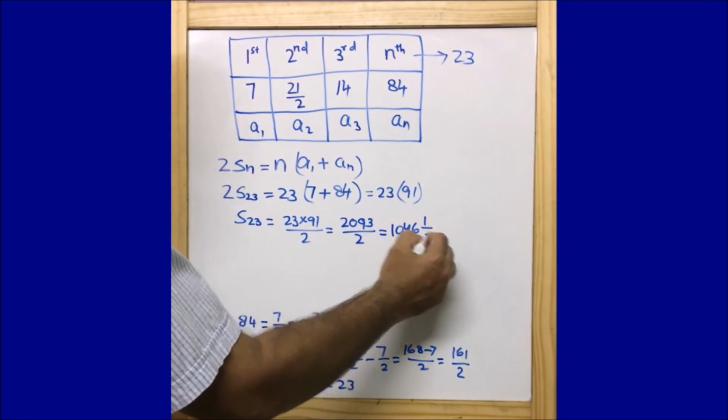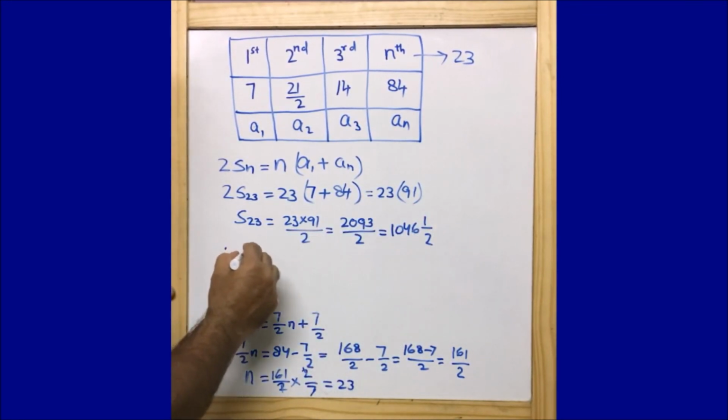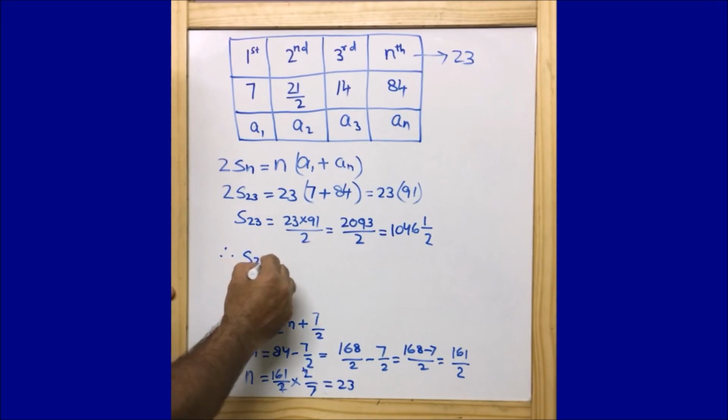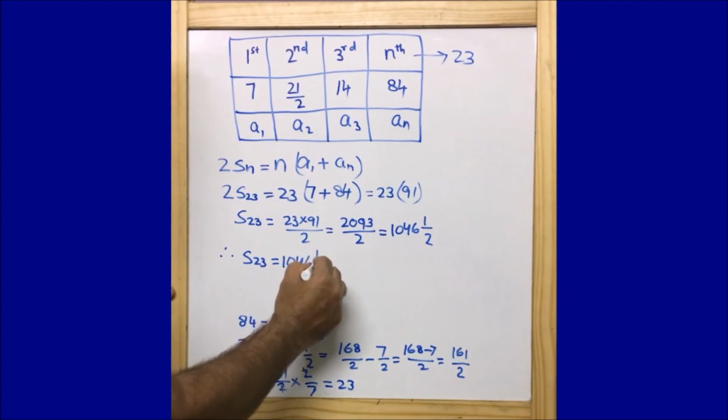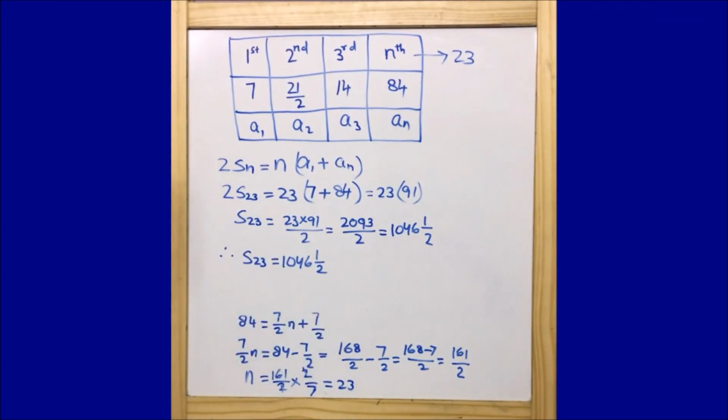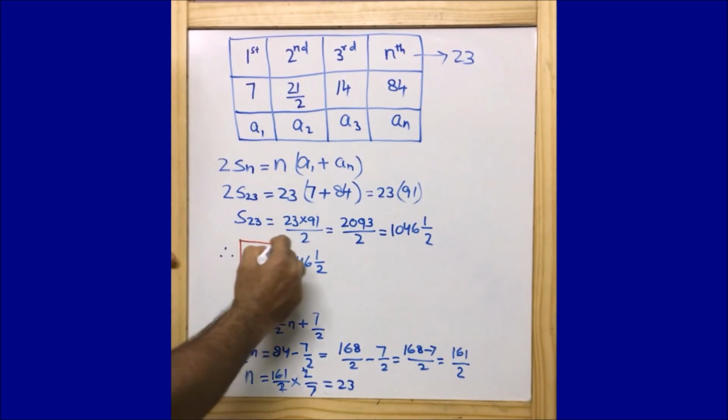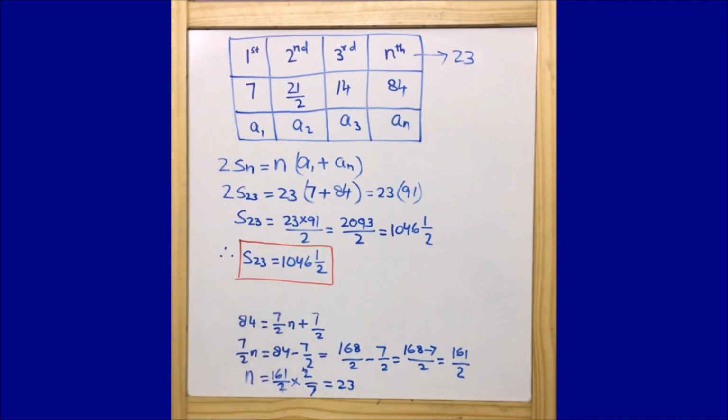Therefore S23 is equal to 2093/2. That's all. This is the sum of the given arithmetic progression.